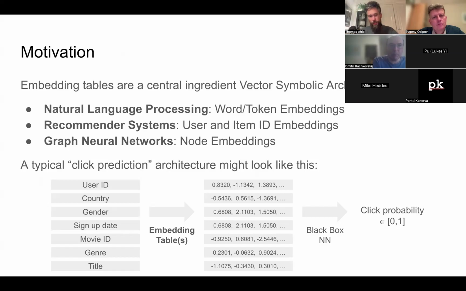Because probably in a lot of these cases it's rotationally invariant, so the neural network, or wherever you get the outputs from, doesn't really care about rotations of your vectors. That means everything is probably messed up in some sense. At least the individual numbers themselves don't have a lot of meaning.